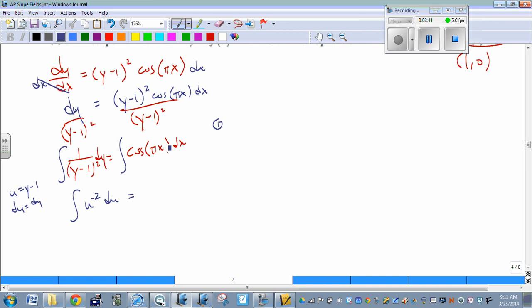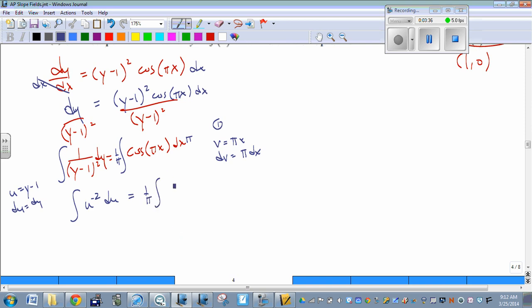On the right side, we need to set the inside here, this pi x. Instead of u, I'm going to use v, since we used u already. So I'm going to say v equals pi x. So dv, the derivative of that would be pi times dx. Means we're going to have to multiply the inside by pi, outside by 1 over pi.